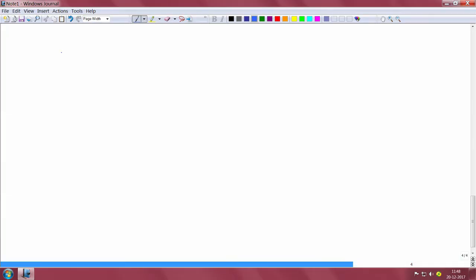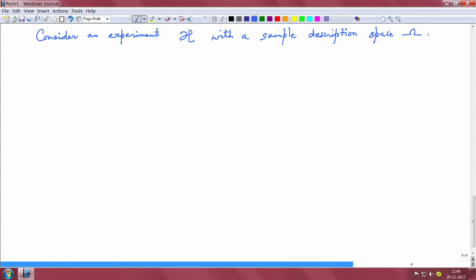Now, let us go a little further. Consider an experiment given by script H with a sample description space omega.